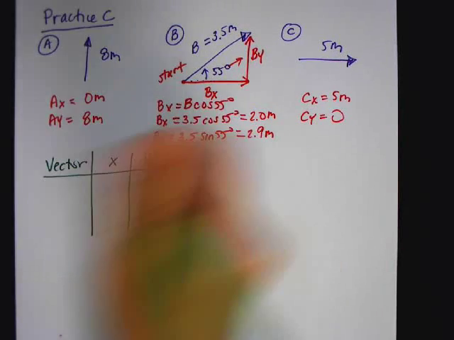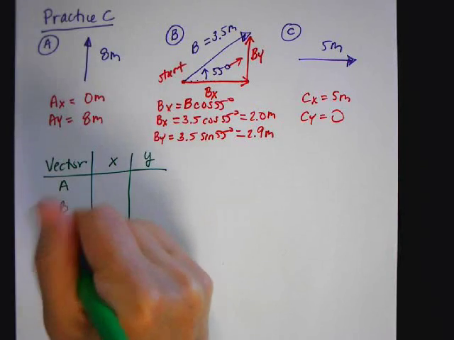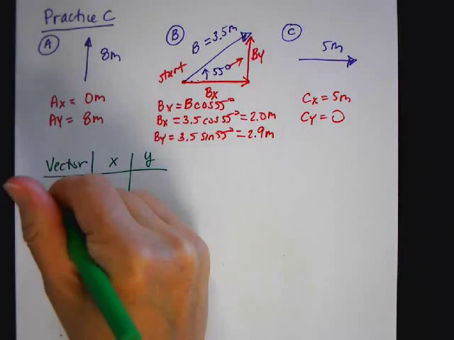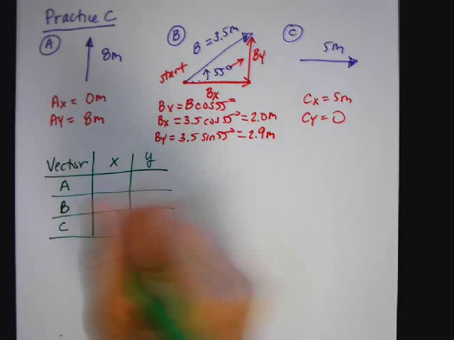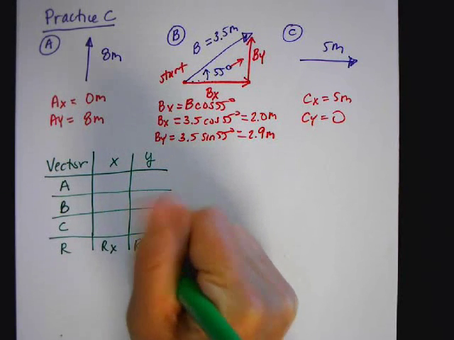So I want to find Rx and Ry. If I fill this chart in, this is 0, and this is 8, this is 2, and this is 2.9, this is 5, and this is 0.